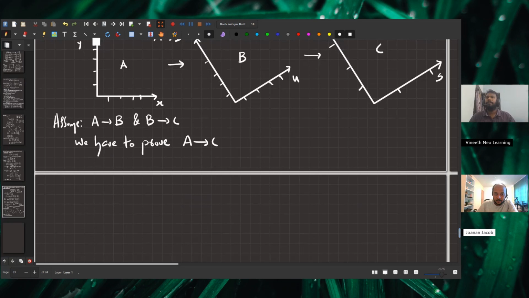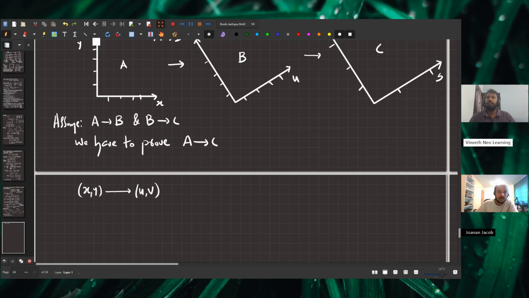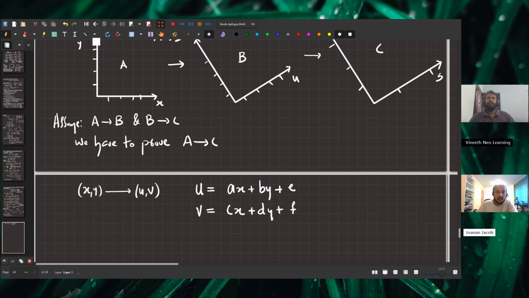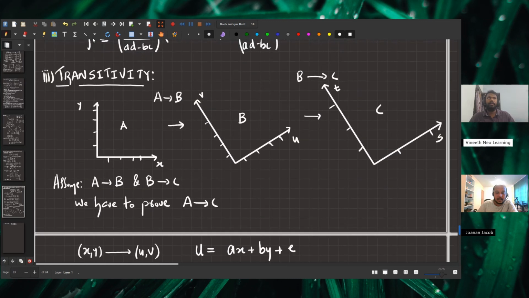So we have the coordinate transformation x comma y to u comma v, given by the usual definitions: u equals ax plus by plus e, and v equals cx plus dy plus f. The coordinates of the third one are s and t.